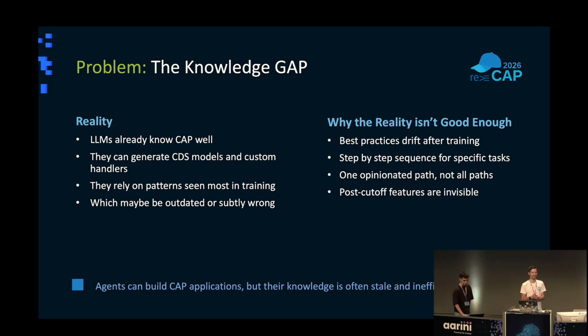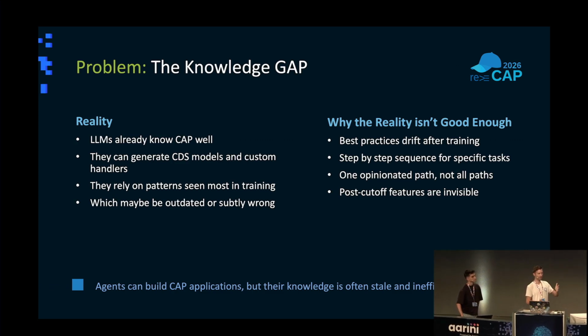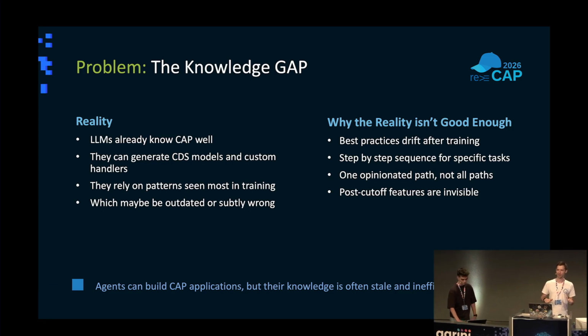If you let that sink in, all the things we did around declarative constraints, the status transition flows, and all the other new features, none of that is known to the agent unless it looks it up somehow. And it becomes even worse, because if you tell an agent to do something, you don't tell it exactly how, it will not even know that there is something new, it will not even look it up, and it will just use the old ways.